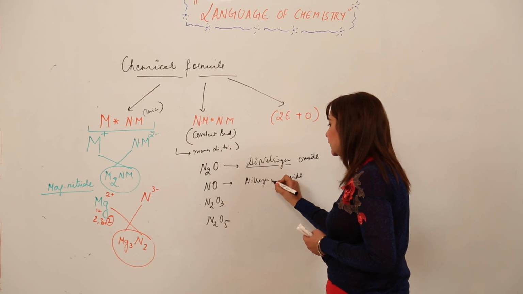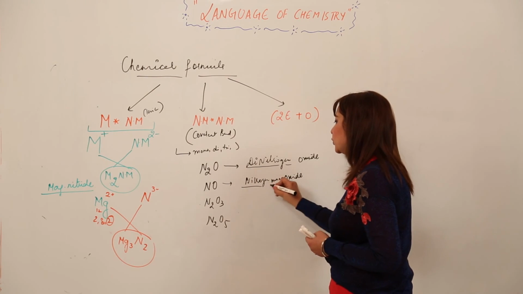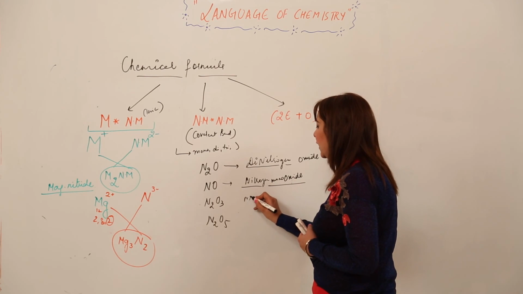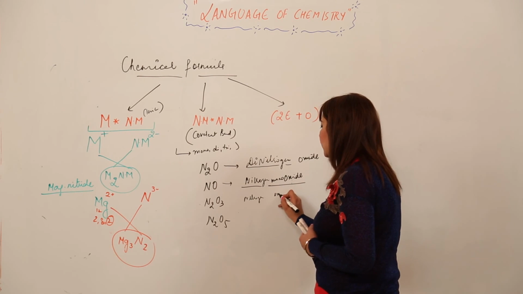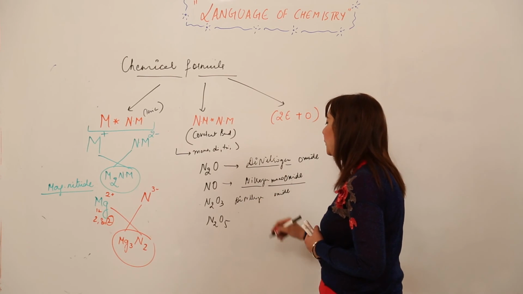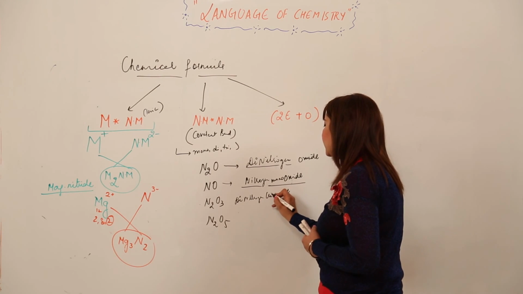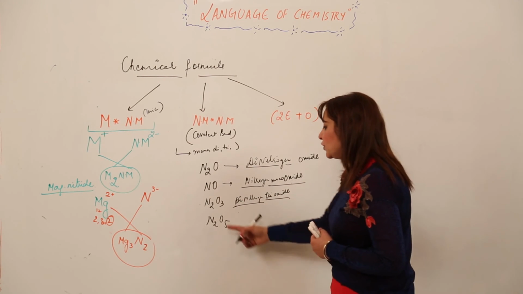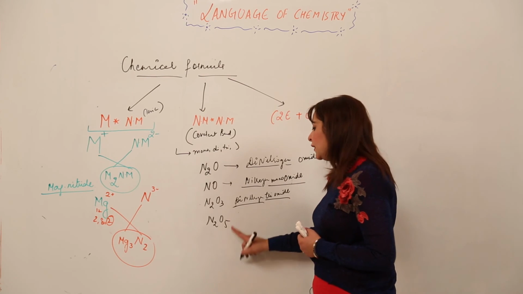How many oxides? Monooxide. So its name is nitrogen monooxide. And when I am talking about this, again I am writing nitrogen, oxygen as oxide. How many nitrogen? 2. So dinitrogen. How many oxygen? Tri. So it is dinitrogen trioxide. Similarly, N2O5 means dinitrogen pentaoxide.